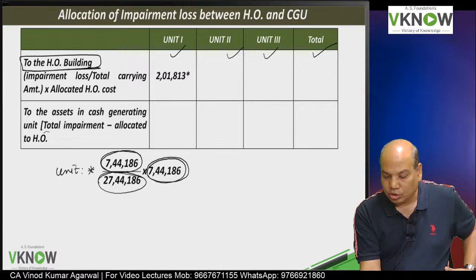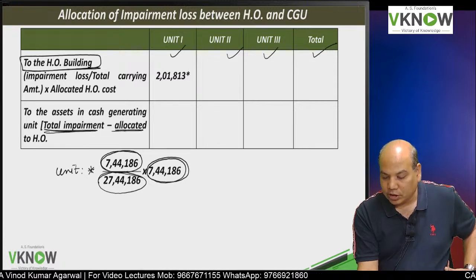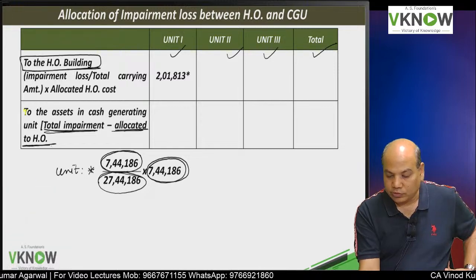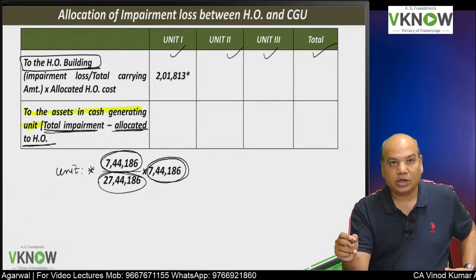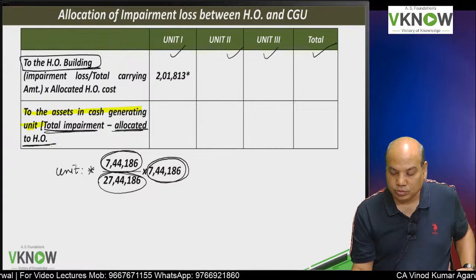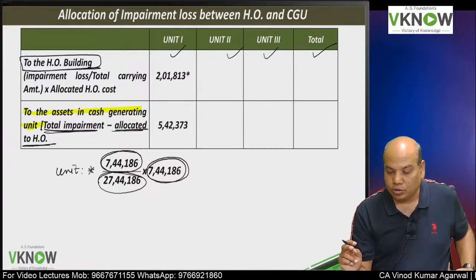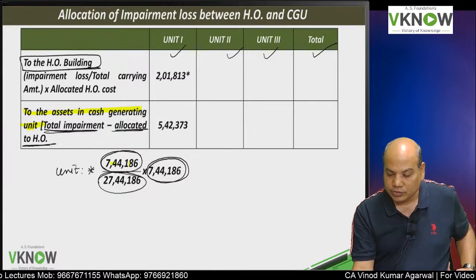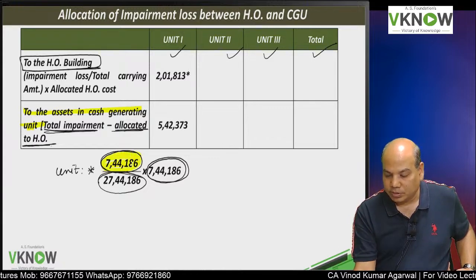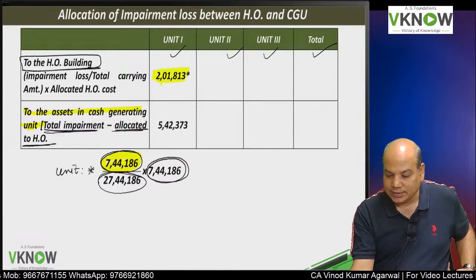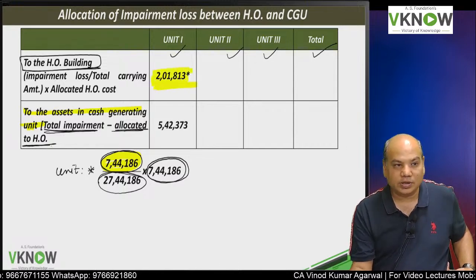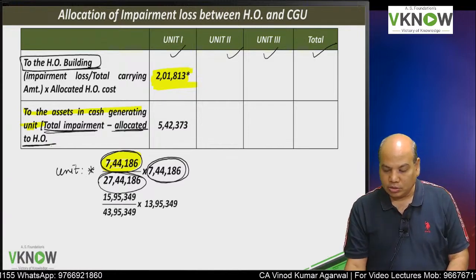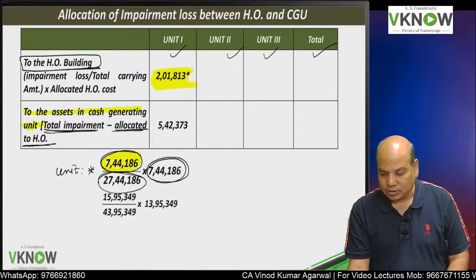Total impairment loss minus the amount allocated to HO will be the impairment loss to be allocated to the CGU. 7,44,186 is the impairment loss, minus 2,01,813 will be allocated to the assets of the CGU.